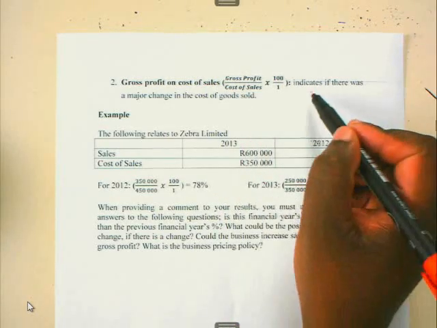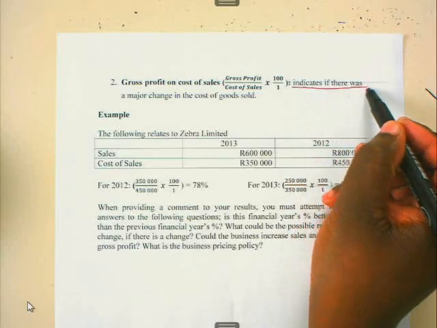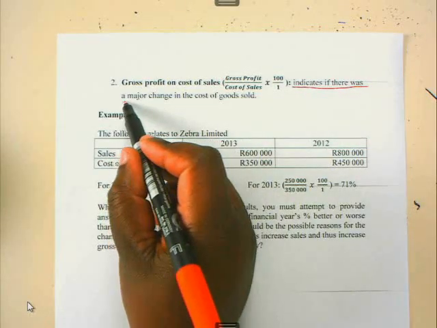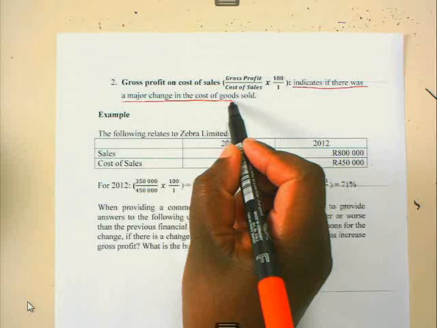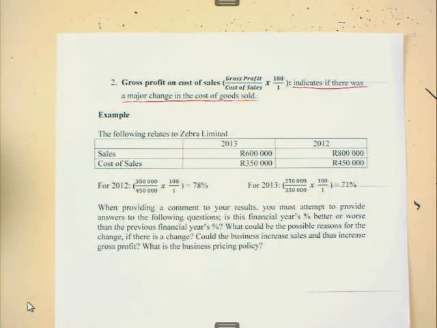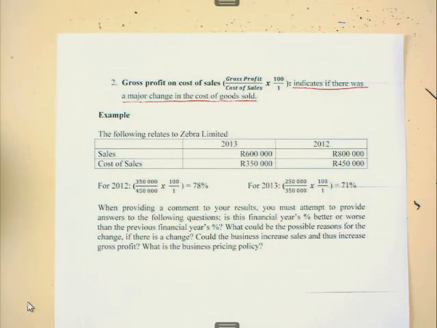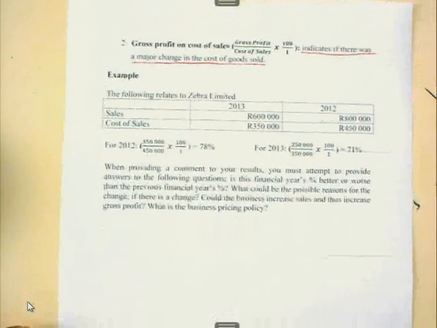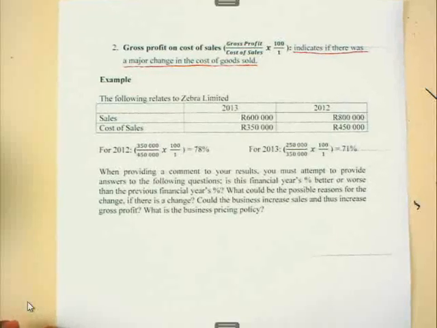This ratio indicates if there is or there was a major change in the cost of goods sold. When you calculate this ratio, what you want to prove is: are there any major changes in the cost of the goods sold? I gave you the example here so that we do it on screen.